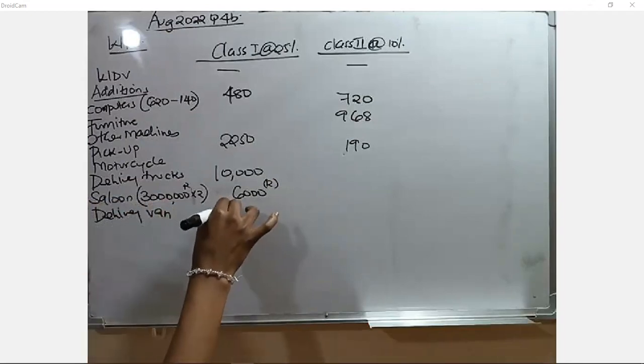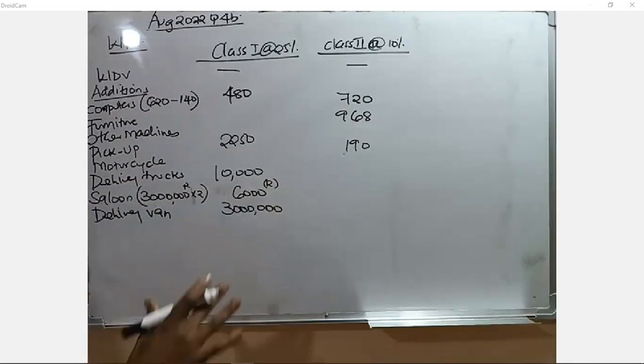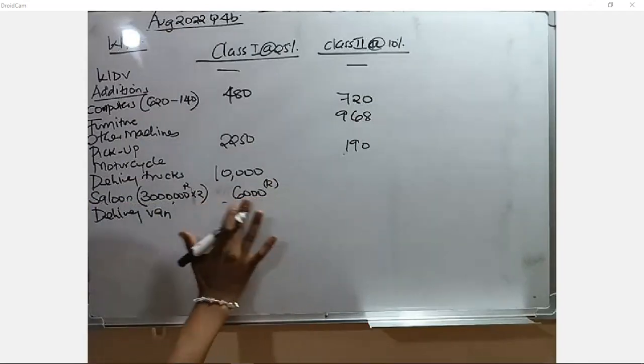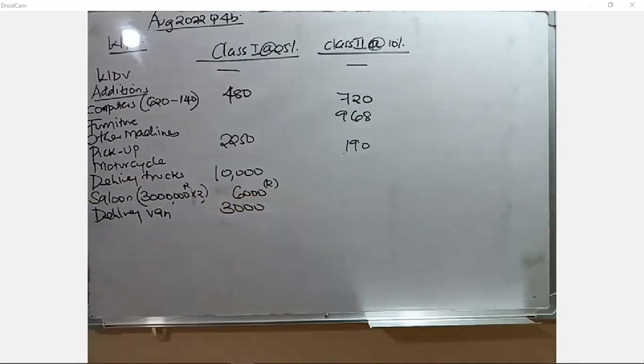Delivery van of 3,000. So in this case, we have been told 3 million. The pickup at a value of 1.6. That is not a problem. Any other problem? I think we don't have any other problem.